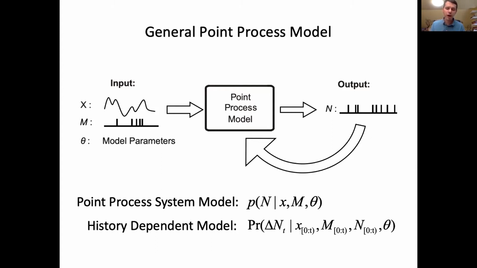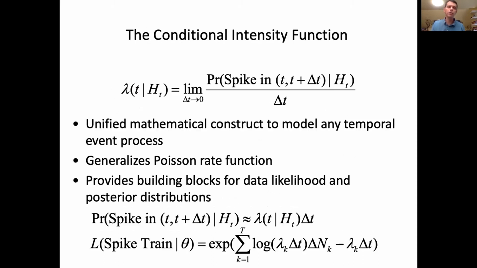And it turns out those models can be expressed mathematically using a very simple tool, which is called the conditional intensity function. That's really a fancy way of saying an instantaneous rate, a rate that's changing moment to moment. And so we'll write lambda as a function of t and as a function of the past history as the symbol for this conditional intensity function.